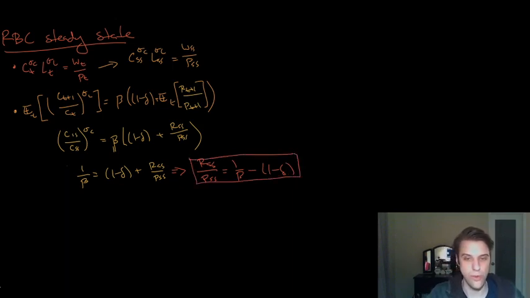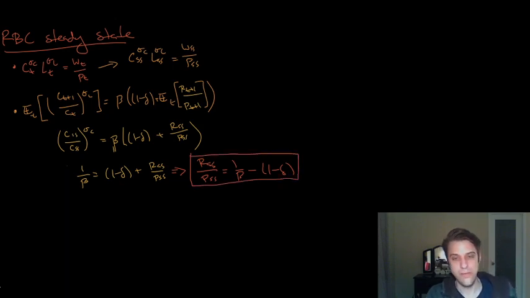So we know that the real rate of return on capital is going to be equal to the inverse of the discount factor, and then we subtract off 1 and add the rate of depreciation. The more capital depreciates, the higher the price of renting that capital will be.